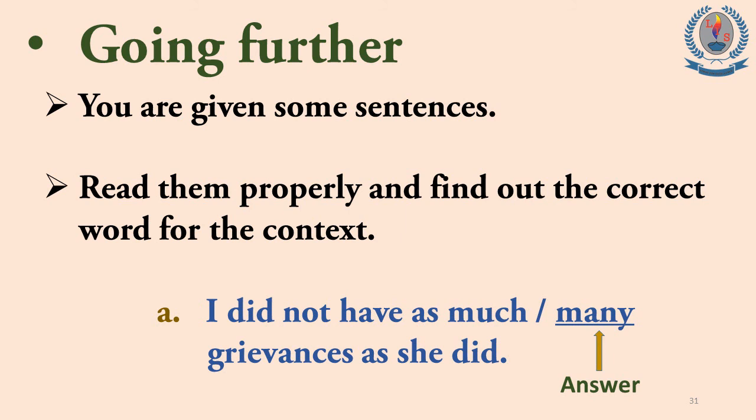Here, the word grievances is a plural countable noun. So, we can select many as the answer. Then it becomes, I did not have as many grievances as she did.